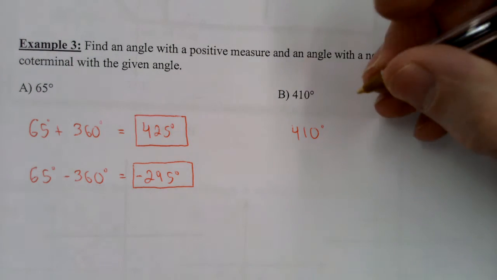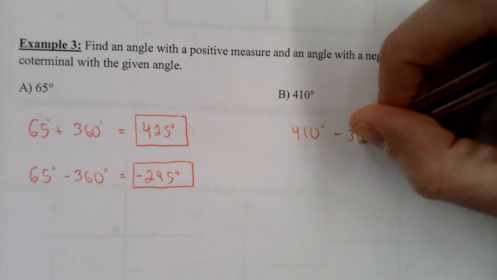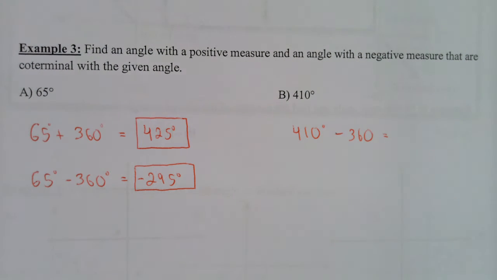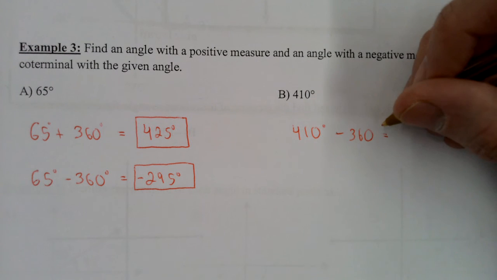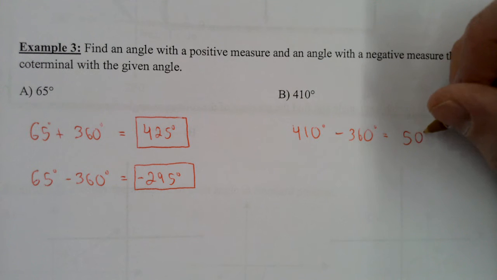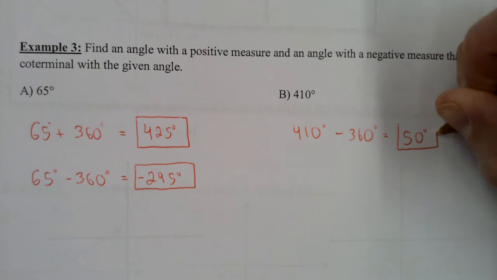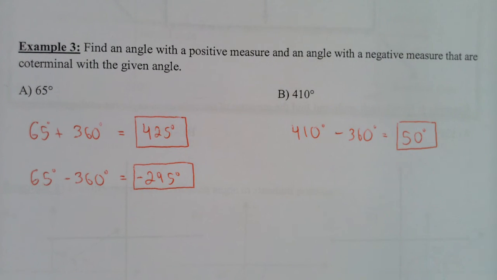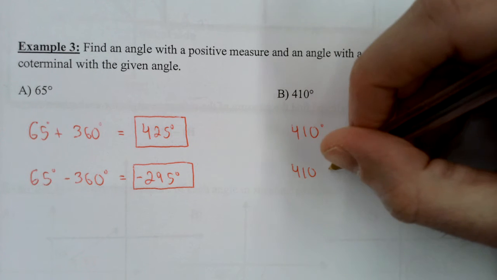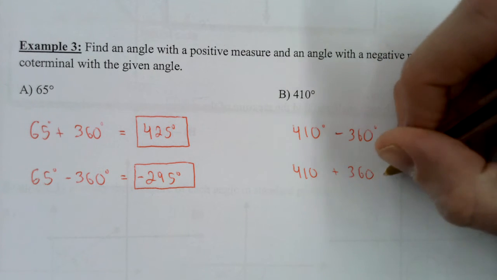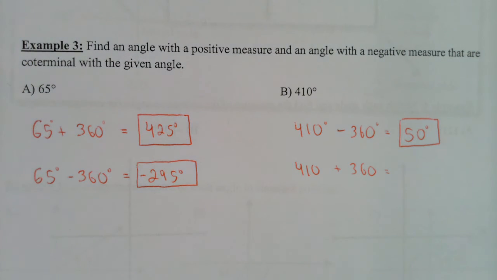I'll do minus 360. So give me 50 degrees. I'm going to do plus 360. Actually, no, I don't want to do that because that's still going to be positive.